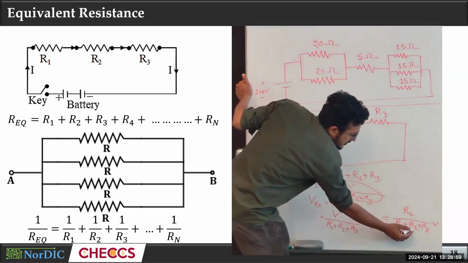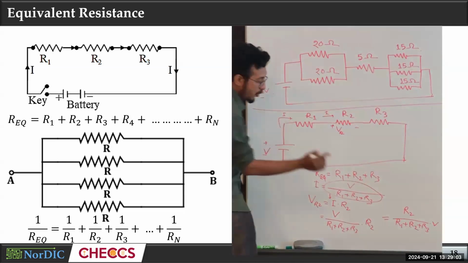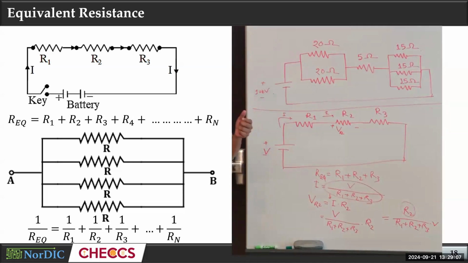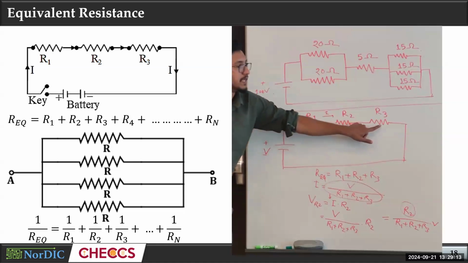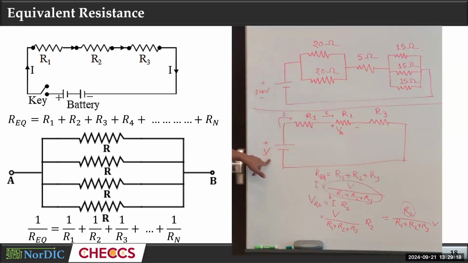All the resistances are in the denominator, and only the resistance that is under consideration is in the numerator. R2 divided by R1 plus R2 plus R3, times the total voltage. Are you guys with me?